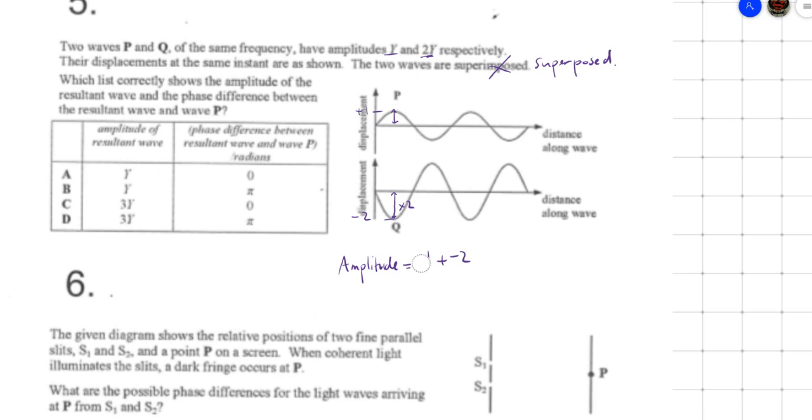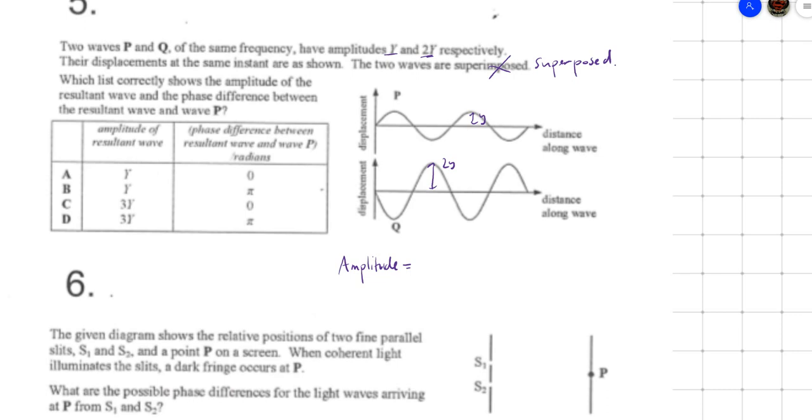Okay, all right, so let's do this. Let's take this one. So this is 2y, and this is y in this particular case. So they are antiphase. This one here will try to cancel with this one, and then you're going to end up with just y.